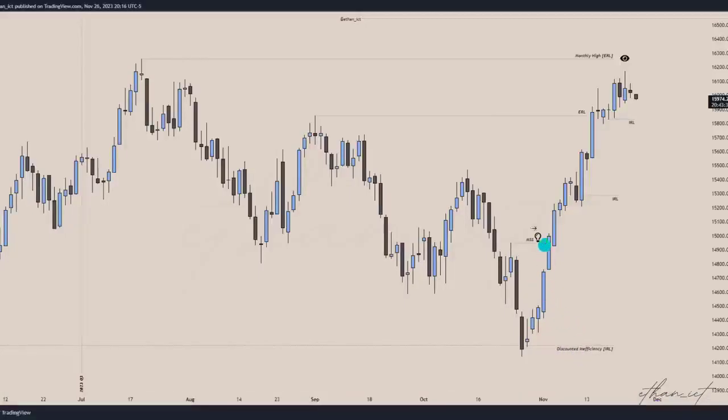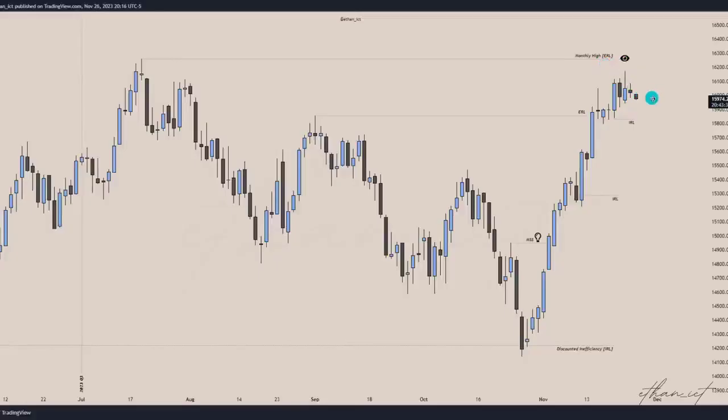And then once we take external range liquidity here, trade internal range liquidity, to take this external range liquidity, trade back to internal range liquidity. Now I'm looking for that next external range liquidity, which could be this high right here, or this high all the way back here. And I'm looking for either internal range liquidity lower, or we can just trade straight into that external range liquidity.